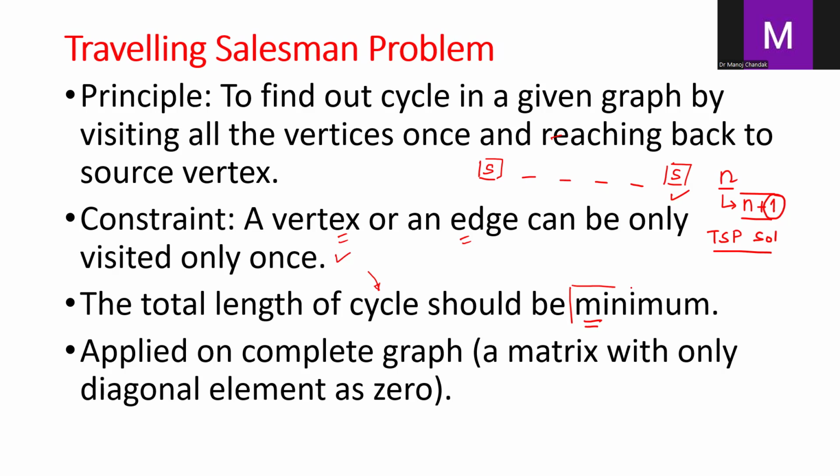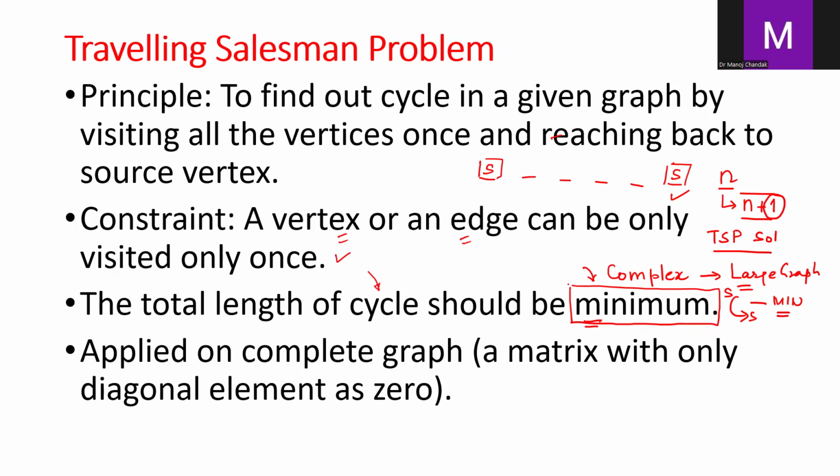Since the optimization function addresses the minimum cost, this problem becomes complex when it is solved for a very large graph, because not only are you required to derive the cycle from source to source, but this cycle should also be of minimum cost.